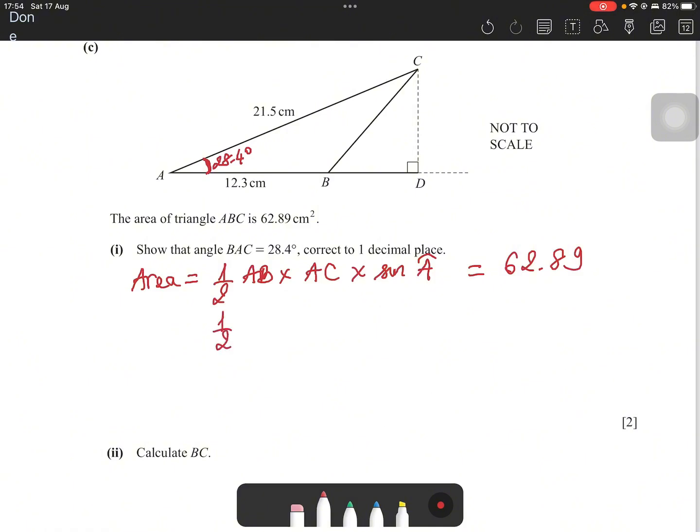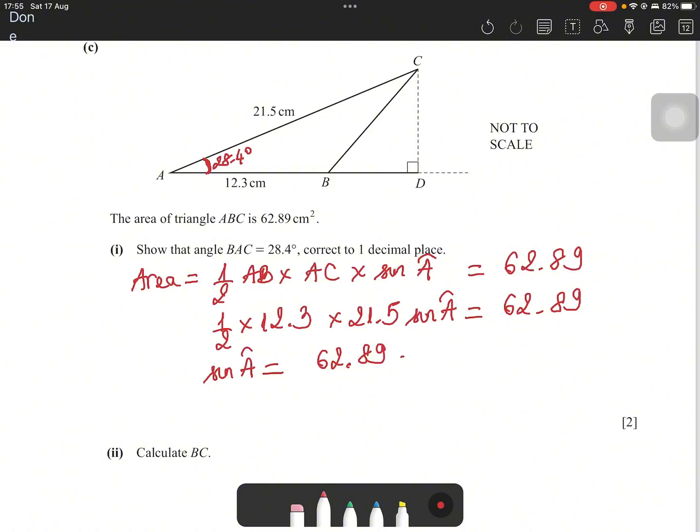So 1/2 of AB is 12.3 and AC is 21.5 times sin A is equal to 62.89. So sin A is equal to 62.89 divided by 1/2, 12.3, and 21.5. Finally, to find the angle A, we use the inverse of sin of everything.